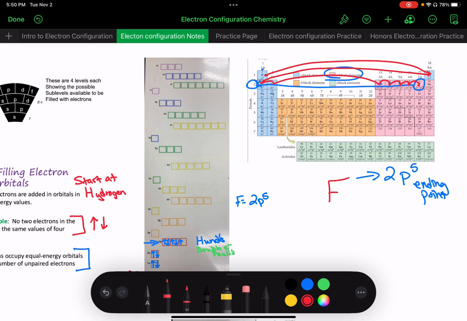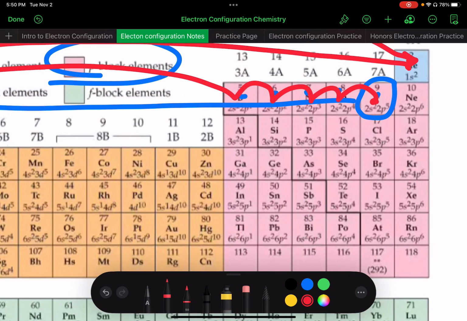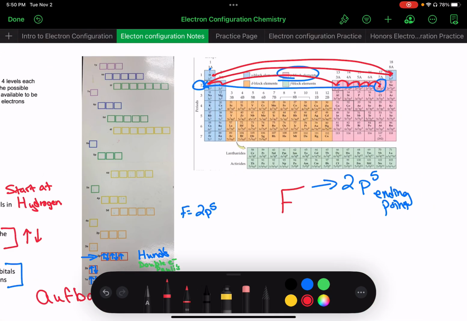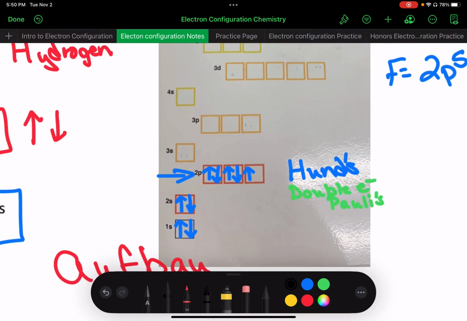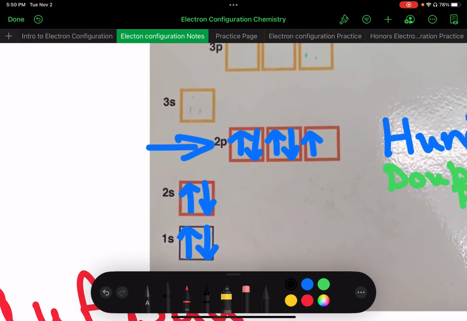So, another way of looking at this, checking wise, is whatever my atomic number is, this is 9. Okay, so the atomic number is 9. Then I need to have 9 arrows here. 1, 2, 3, 4, 5, 6, 7, 8, 9. Okay, so we have 9 arrows.